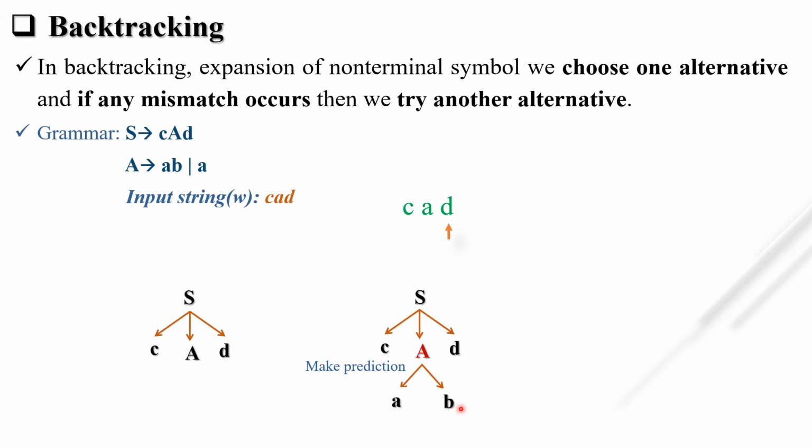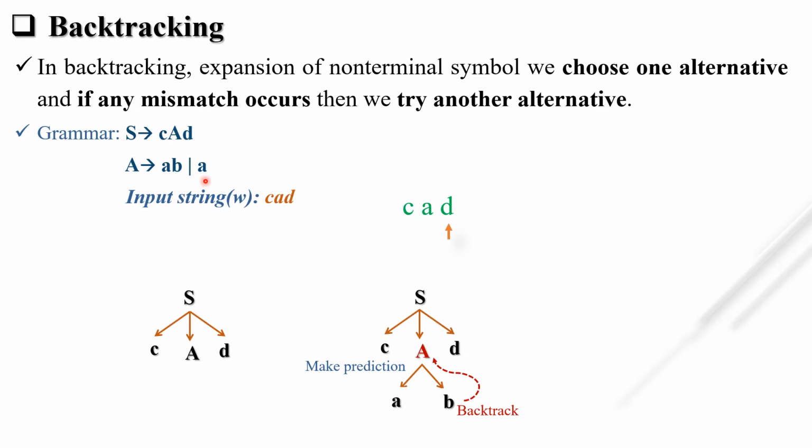Since this b does not match with this d, we report failure and backtrack, that is go back to capital A's second alternative. So next we are going to backtrack and we try the second alternative of capital A.